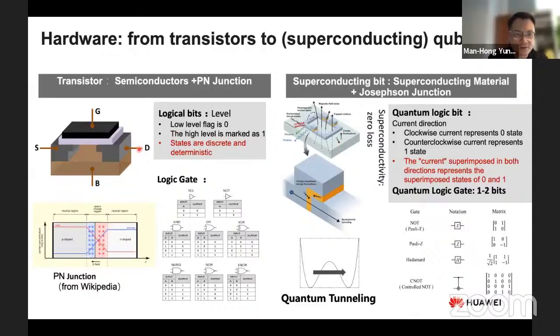Okay, so why is the transistor useful, or how does it work? It's because for semiconductors, we usually operate this device at room temperature, right? At room temperature, a semiconductor has a conductivity that is in between a conductor and an insulator, just like its name implies. The interesting point is that you can dope such a semiconductor to turn it into N-type or P-type. The difference is whether they have positive or negative charge carriers.